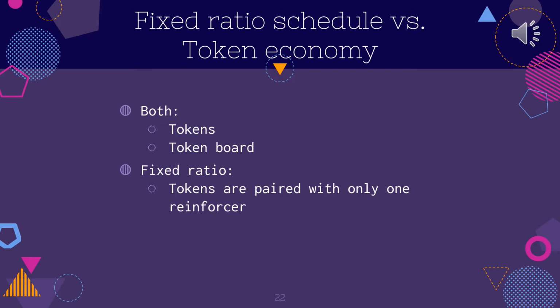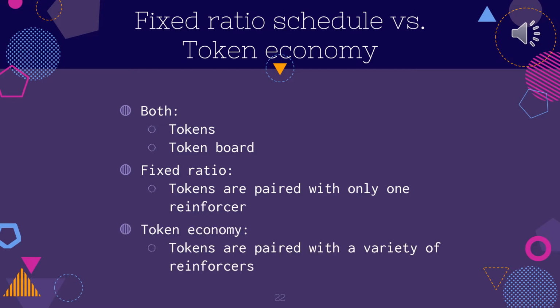Whereas in a token economy, the tokens are paired with a variety of reinforcers. So looking back at the video example, if the client had to complete 10 responses and was only allowed access to the iPad, then this would be considered a fixed ratio schedule. However, since the client was able to choose his backup reinforcer, the tokens could be exchanged for a variety of things and is thus considered a token economy.